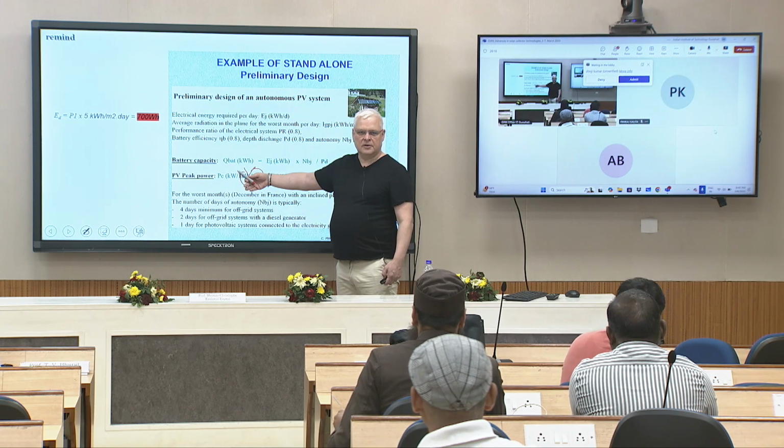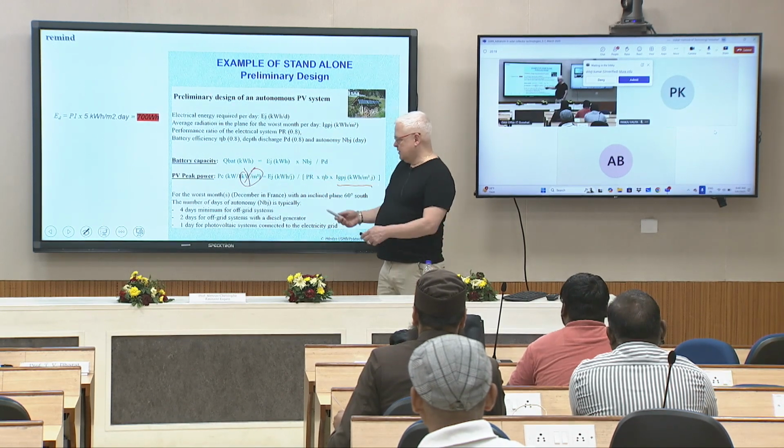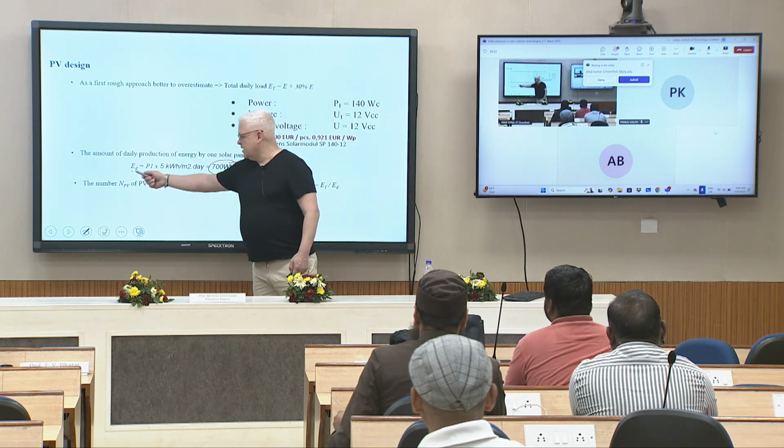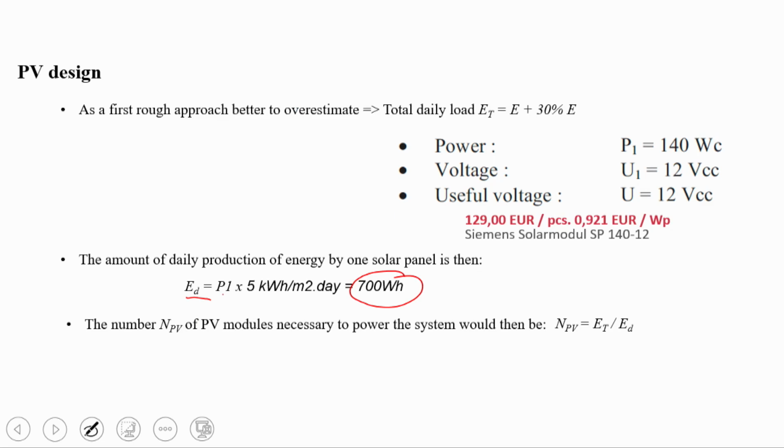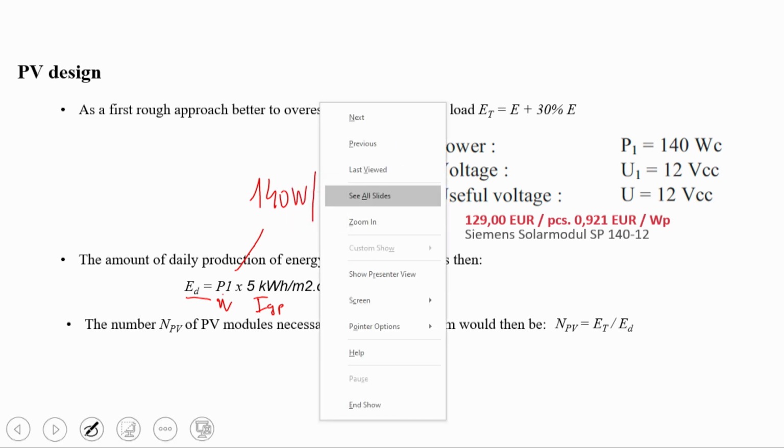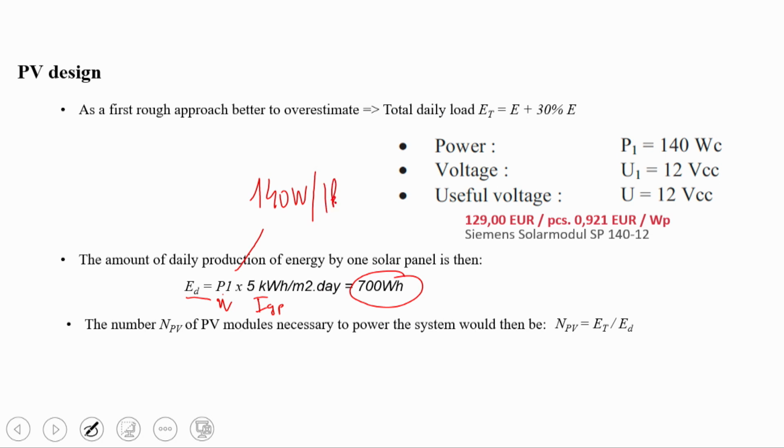Am I clear or no? Here, the energy produced by a PV panel, we said it is the peak power, in watt, multiplied by the EJP per day, okay? But this peak power is in standard condition.